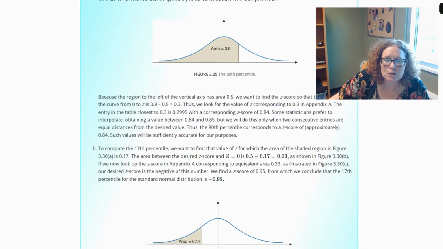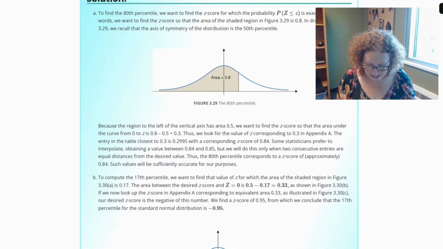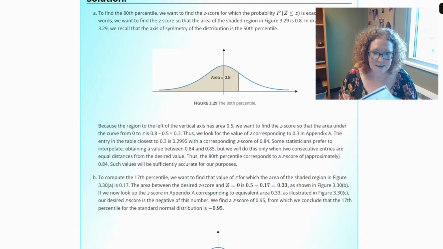And then we want to look at computing that 80th percentile. We want to say that the 80th percentile corresponds to a z-score of about 0.84. And we got that from looking again at your Appendix A, right?